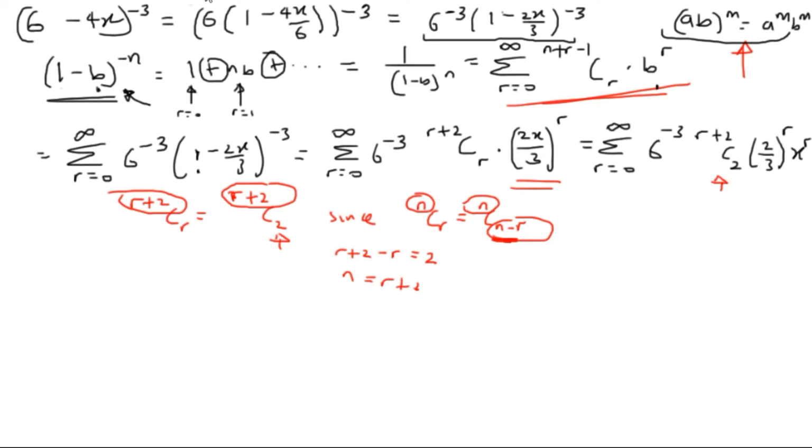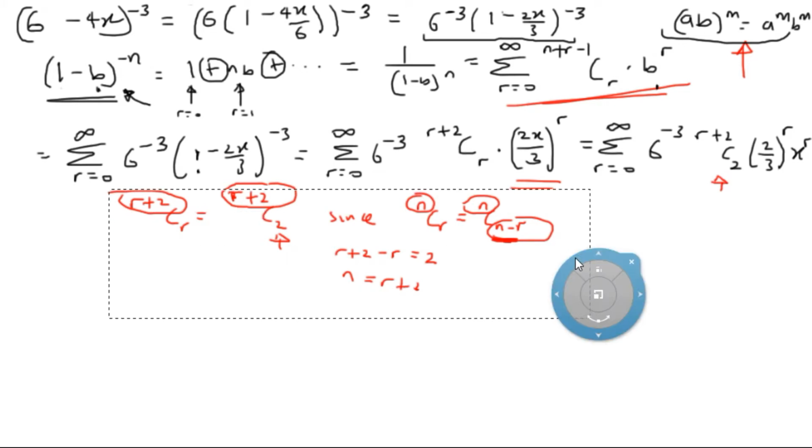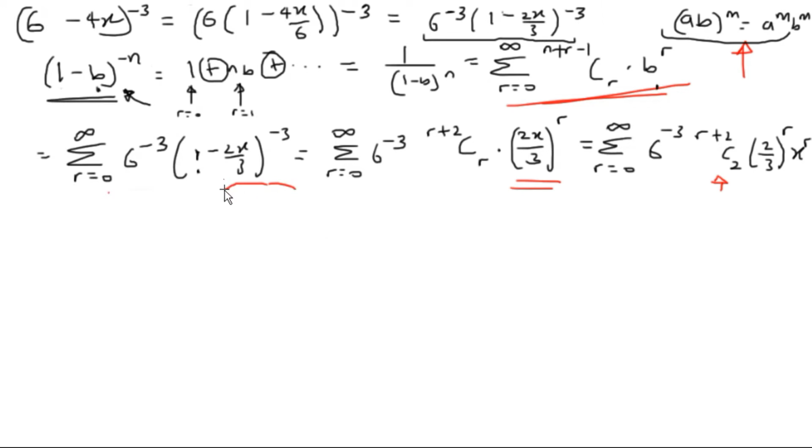Now let me get rid of this space. So what do we do after this? It should be noted that anytime we expand a binomial, let's say 1 minus b raised to power minus n, it will be equal to this expression.